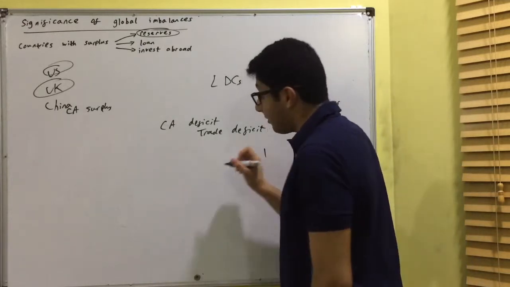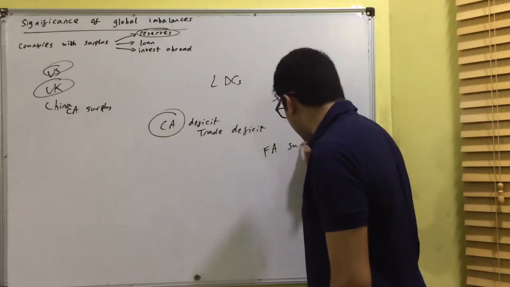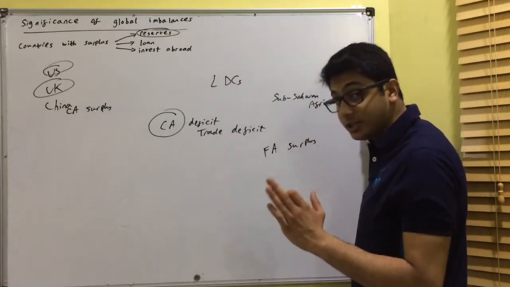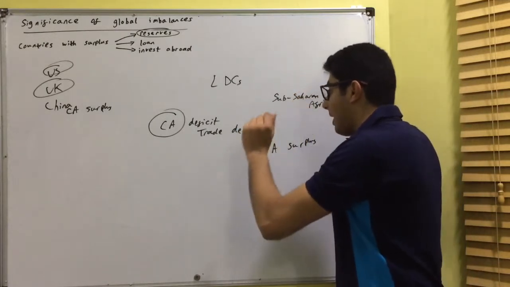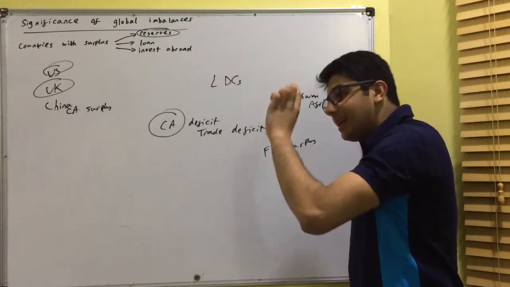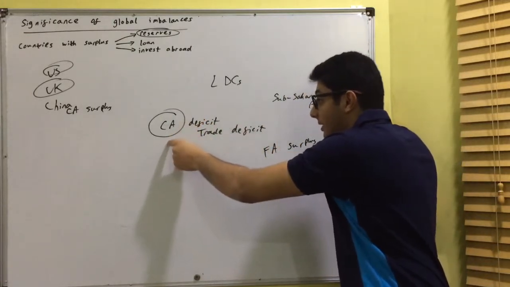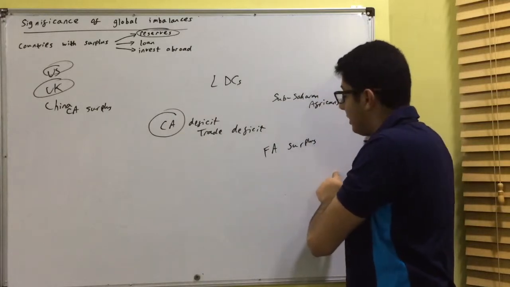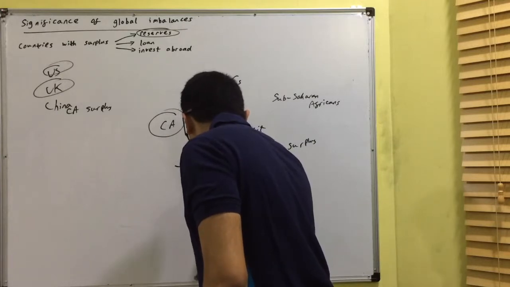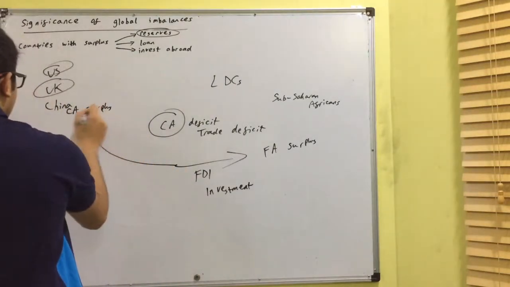in one part of the balance of payments, the current account, they could run a financial account surplus. Because if you remember from my first video, if you haven't watched it, alright? If you have a deficit in one part of the balance of payments, there's got to be a surplus in another part of the balance of payments. So if countries have a current account deficit, they're likely to have a financial account surplus, by receiving FDI flows and capital investment from abroad, from countries like China.